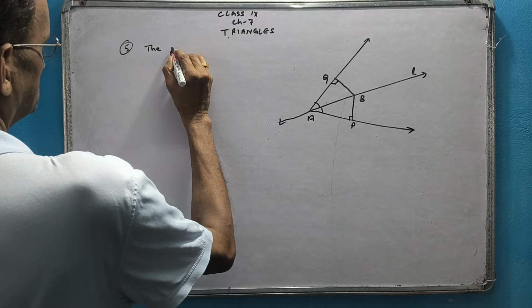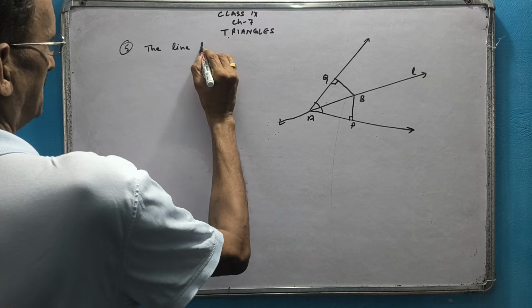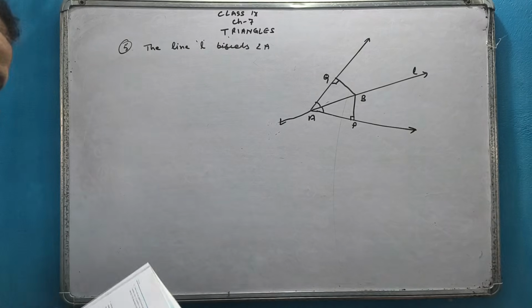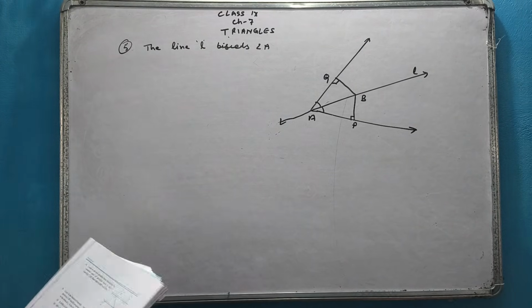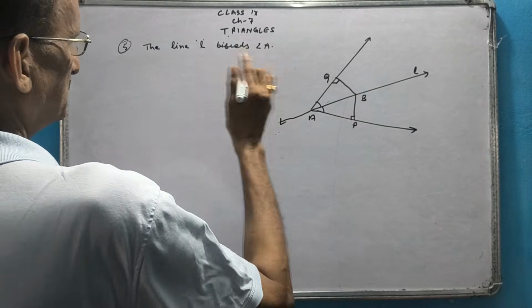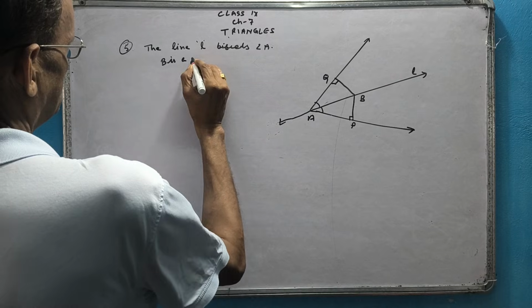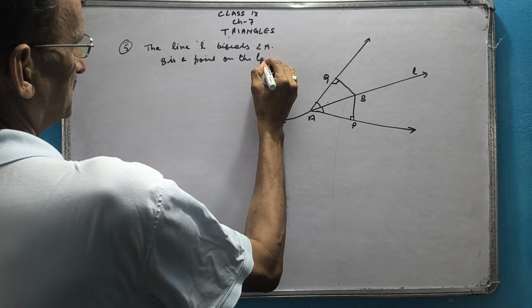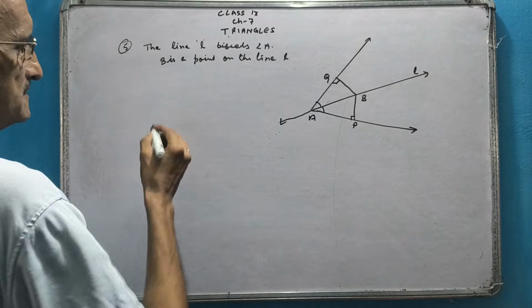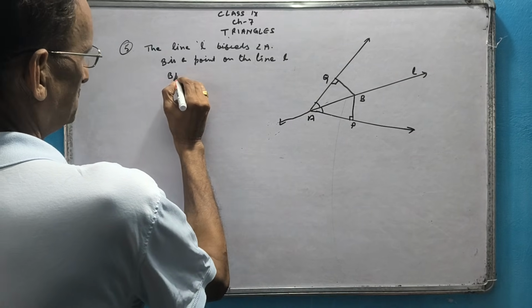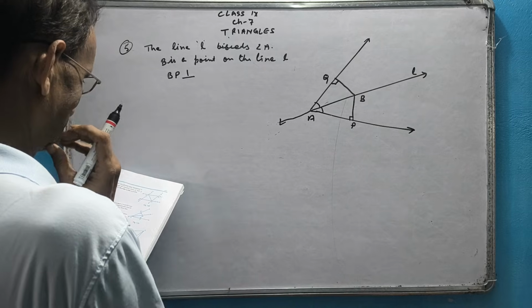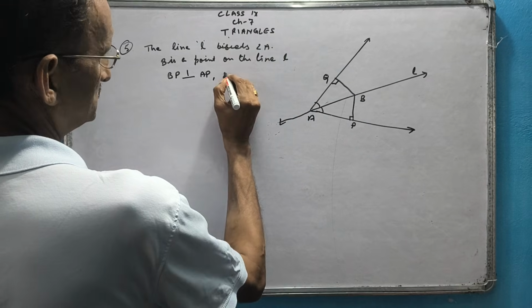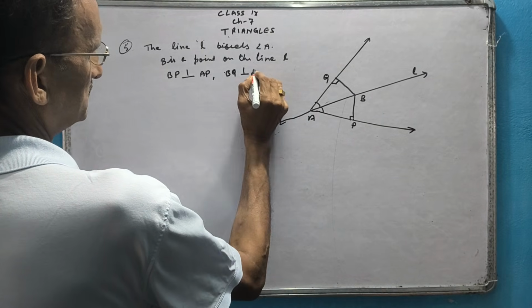What is given? The line L bisects angle A. B is any point on the line L. From B, BP perpendicular AP, and BQ perpendicular AQ.